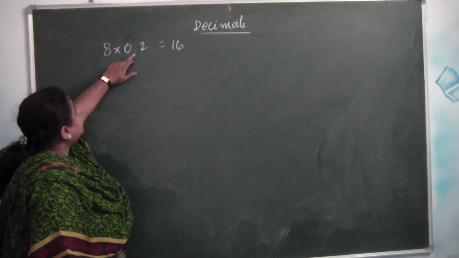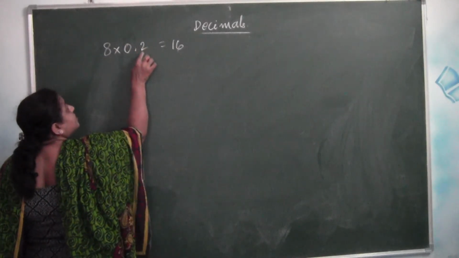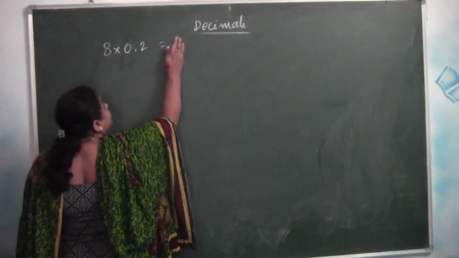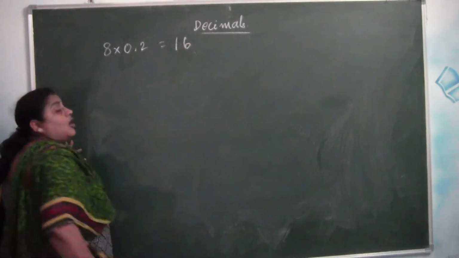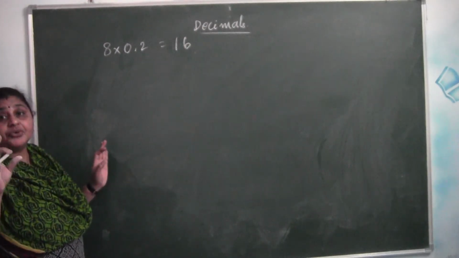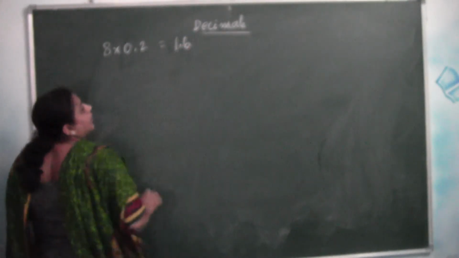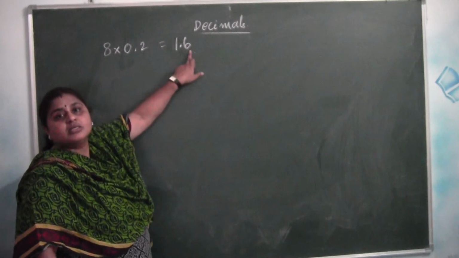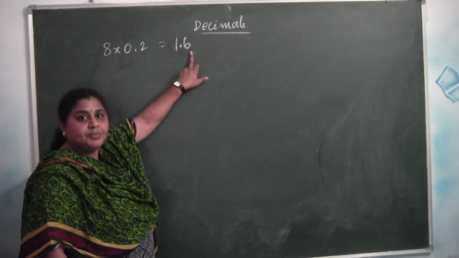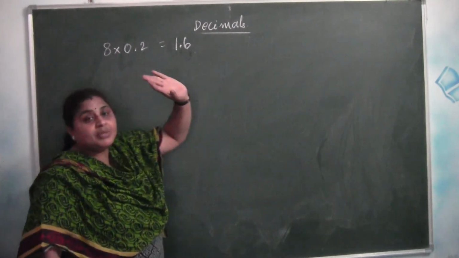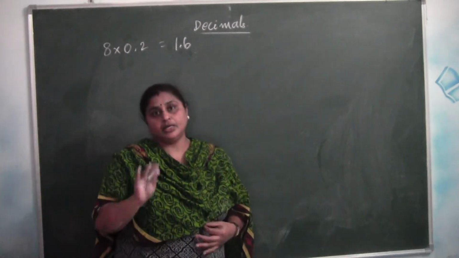Now, after the decimal, how many digits do I have? 1. So whenever you are placing a decimal, always count from the last. 1.6. Simple it is.